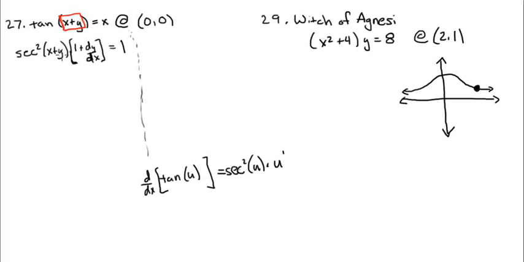Okay, so what can we do? We want to get this dy over dx by itself. There are no other dy over dx's out there, so one thing we could do is distribute this first and then solve for dy over dx, or we can divide both sides by secant squared of x plus y.